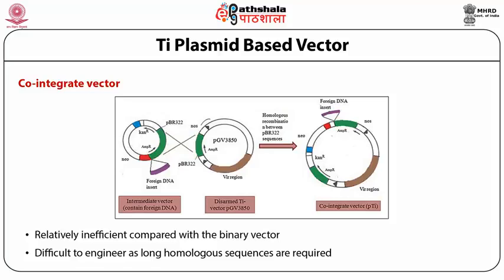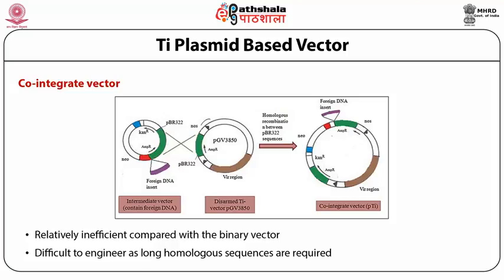This tDNA is transferred to the plant, and this is called a co-integration vector because it is formed due to integration of an intermediate vector with the disarmed Ti vector, and this co-integration of the two vectors forms a co-integrate vector.